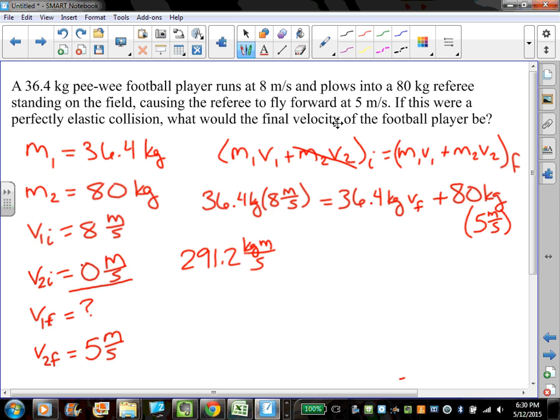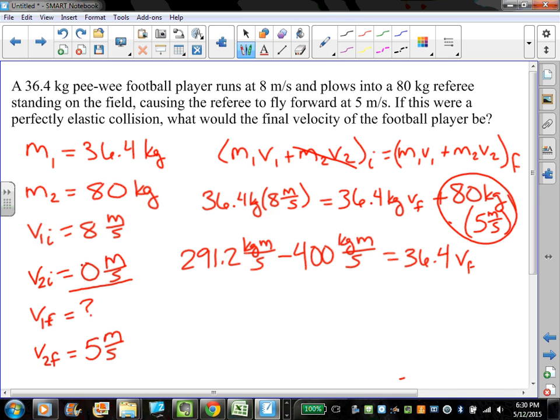And let's subtract this quantity over here so that I get my unknown all by itself. So minus, and this is 80 times 5. That is 400 kilogram meters per second. It has to be equal to 36.4 times that velocity that I'm looking for.